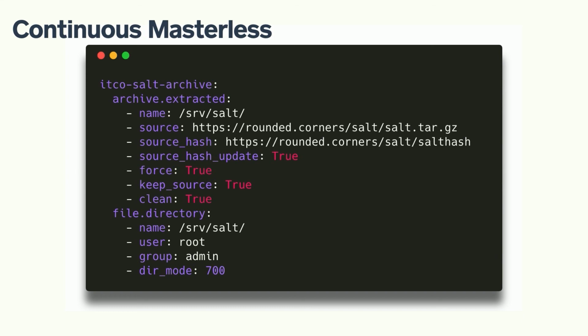And then clean makes sure to look through every single file to make sure that it's the way it should be. And then we're also setting some directory permissions there. So with this, in the high state, salt will pull down a new tarball and extract it. And then on the next run, it'll pick up the changes and apply them. And that's pretty much it.